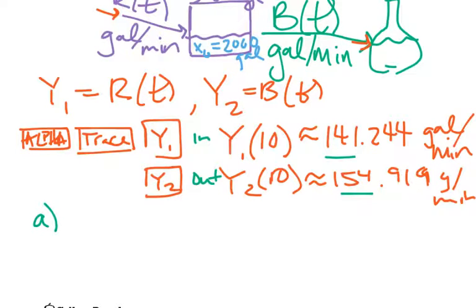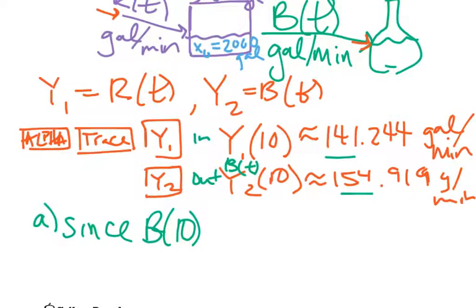You might say, since B of 10, because remember this Y2 was our B of T, and this was our R of T in Y1.